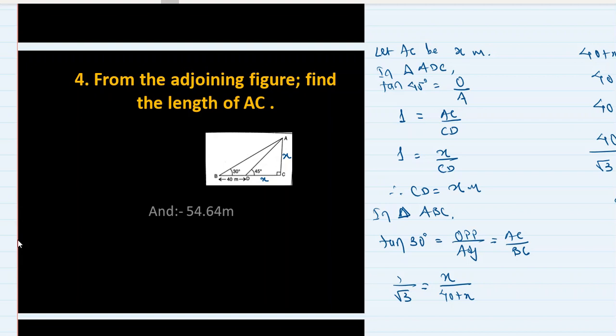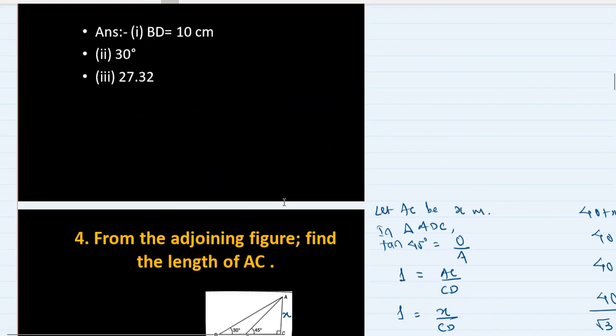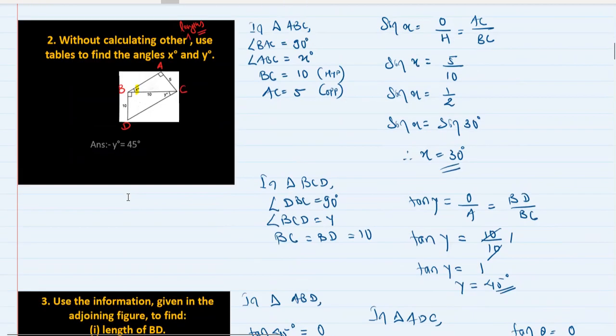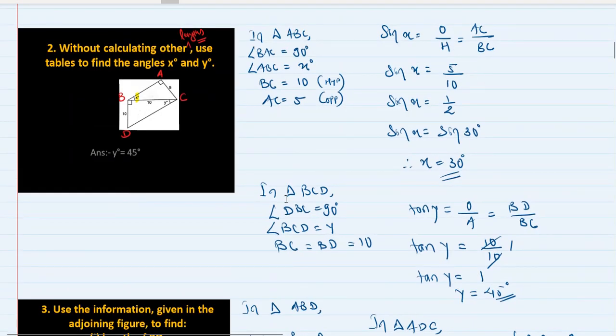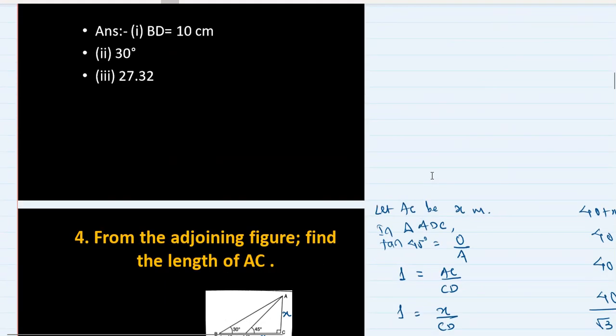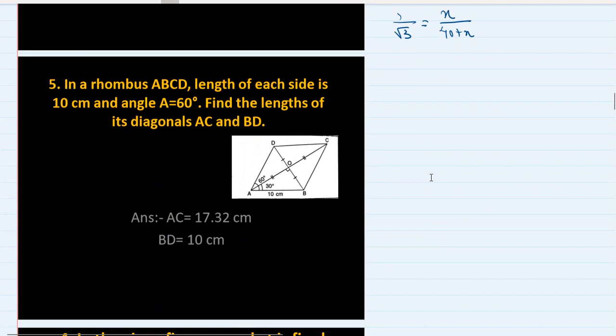Use the standard values of the trigonometric ratios of the standard angles and solve the questions. So all the angles which you see, 35, 40, 30, 45, in this also 45, or the missing angles also are 30, 45, 60 and so on. Okay, let's go to the next question.